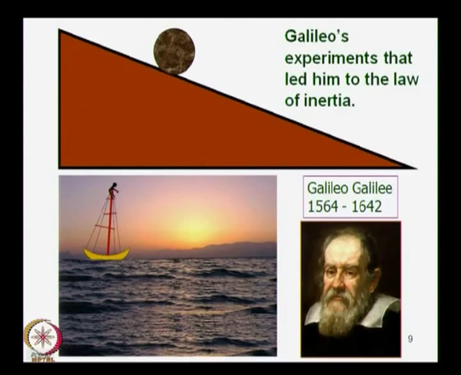So, it was a great discovery that Galileo made, and this requires no explanation. This is how you expect objects to behave under mechanical conditions when no external agency is acting upon it, when there is no interaction with any external field. And what you need to explain is only when there is a departure from equilibrium.